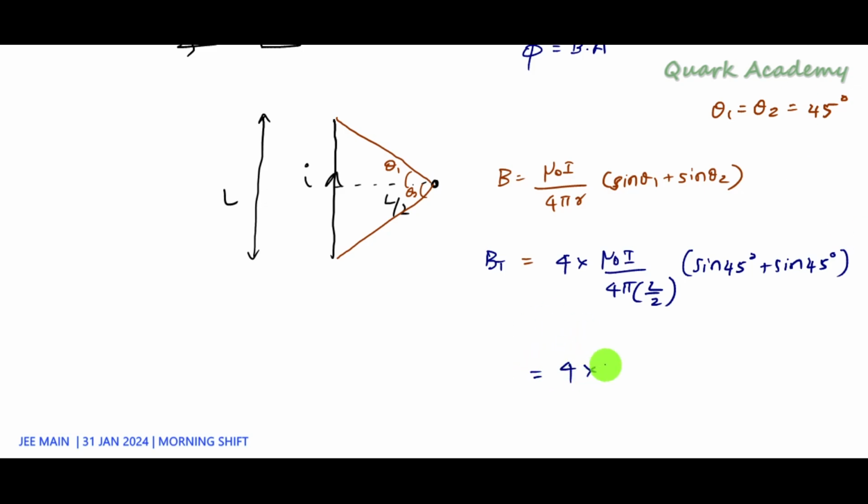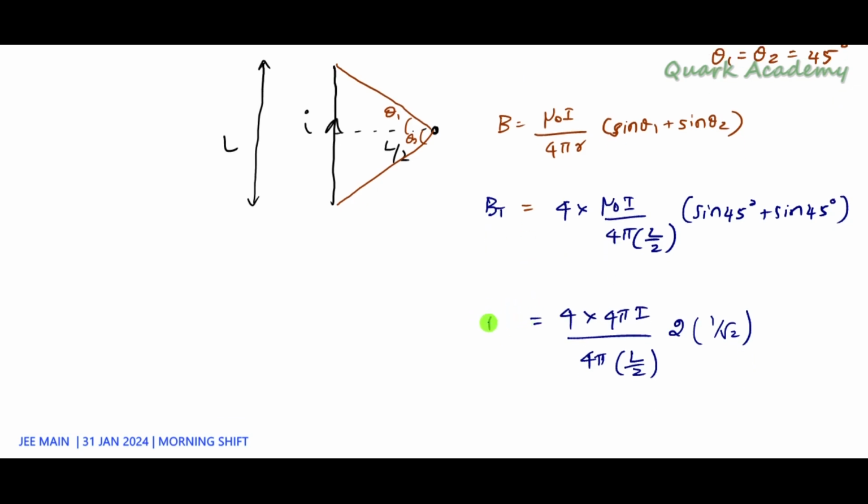So this is 4 into mu naught, mu naught is 4 pi, into I divided by 4 pi L by 2. Sine 45 is 1 by root 2, so this is 2 into 1 by root 2. This is the total magnetic field.